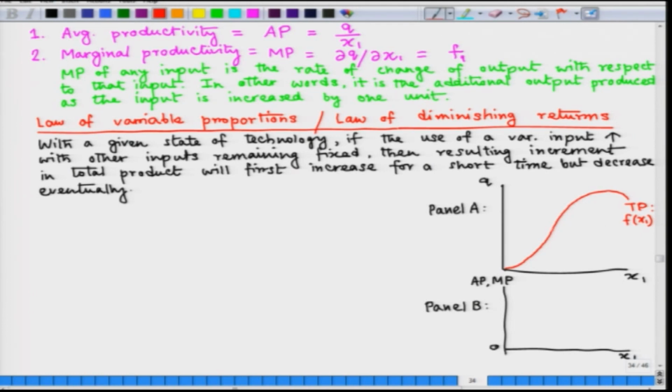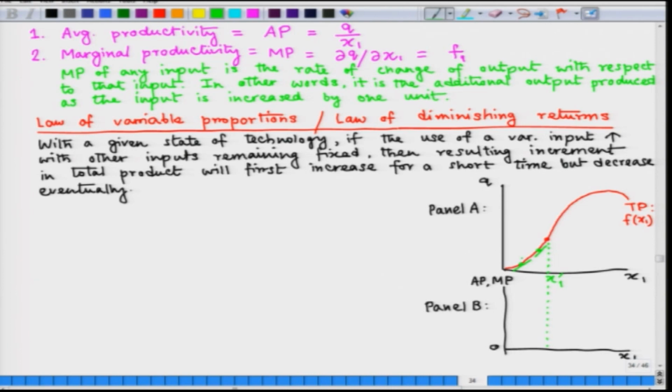Now, note that up to some point the slope is increasing, means that marginal product or the first derivative of the production function is increasing. Let us assume that we are talking about some input level x1 prime till which the marginal product is increasing, and that can be seen as the slope of the production function at any given point is increasing as well.